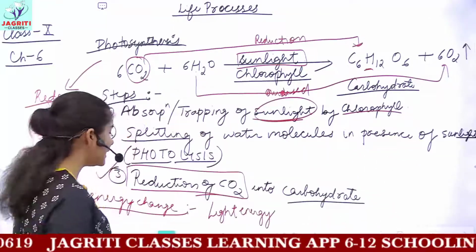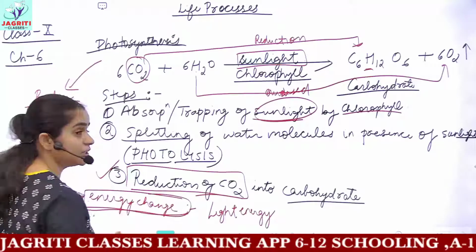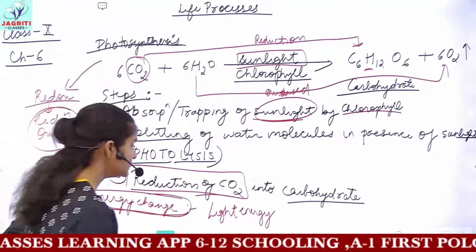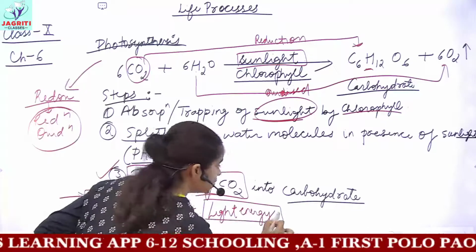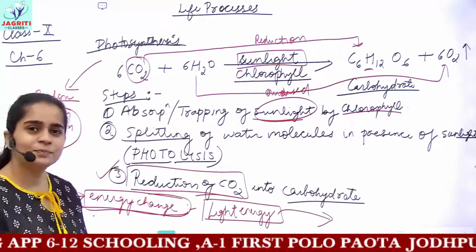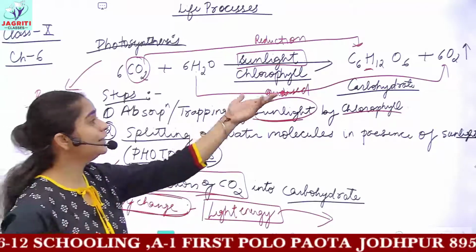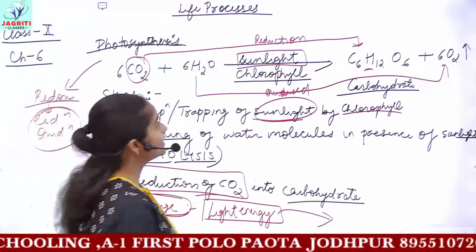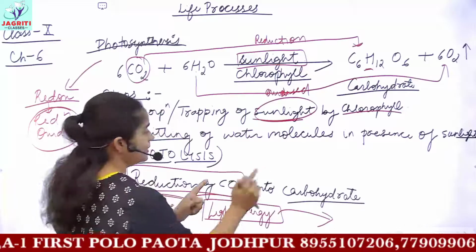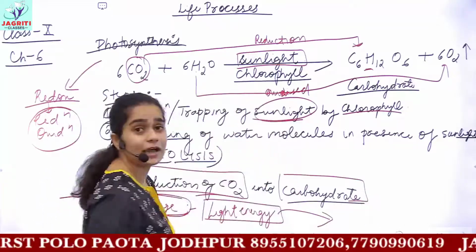So we say that the energy conversion taking place during the process of photosynthesis is the conversion of light energy into what kind of energy? Heat energy? No, because no kind of heat is releasing out. This sunlight is being absorbed, then you break your water molecule and finally you get the plant food carbohydrate.